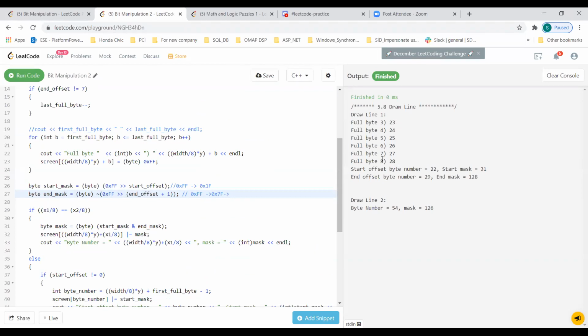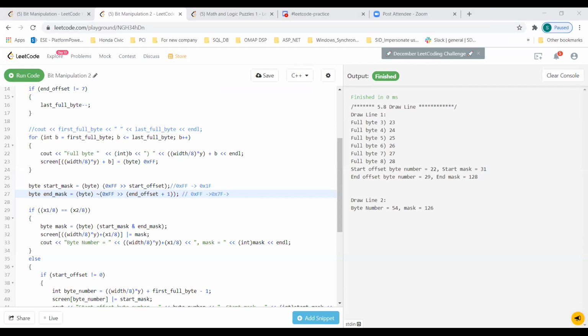So 3, 4, 5, 6, 7, 8, and my start mask is 22, which will be 31. If I have 31, this will be 1f, and my end mask actually is 128.